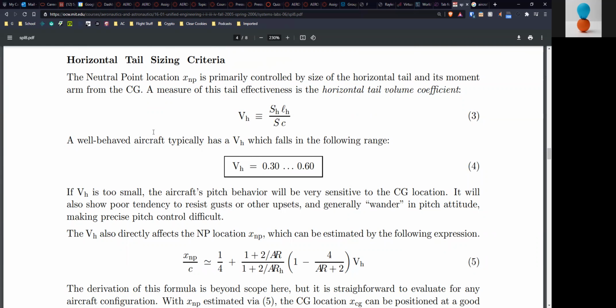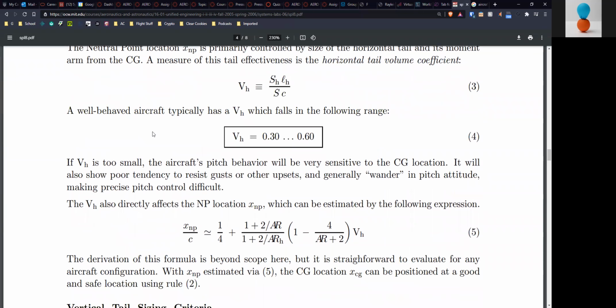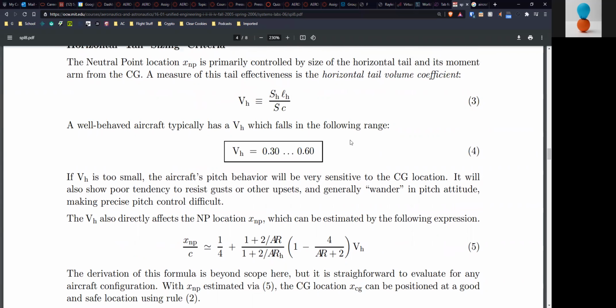That doesn't really say anything about the shape, just like how the wing area doesn't say anything about the shape, but it factors in that the tail needs to have a certain complete picture of its size in order to balance with the wing. And so the desired range of values for that, based on this, is 0.3 to 0.6.